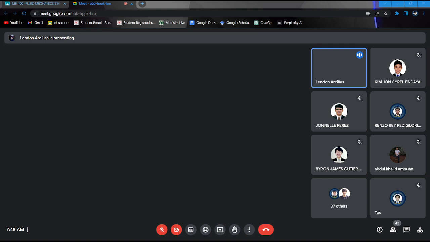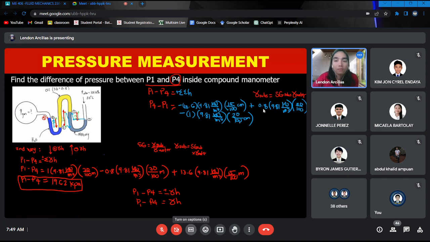Times the difference from pressure 3 to pressure 4, which is 20. Ang ganun lang pag-solve ng pressure difference. So, sa pressure 1 to pressure 4, ito yung mga red. Okay? So, I hope gets na tong mga ganitong problem.